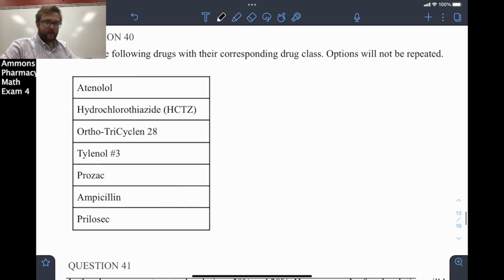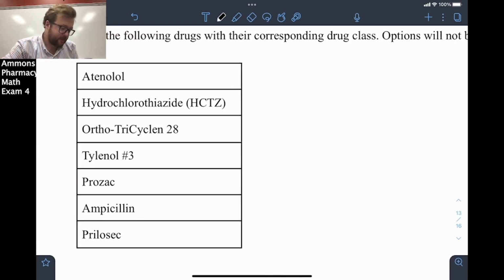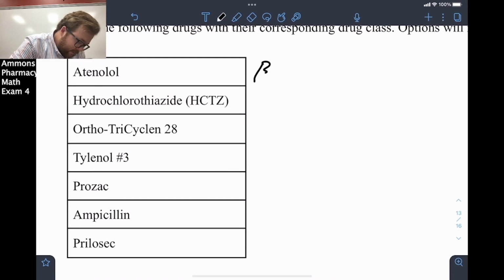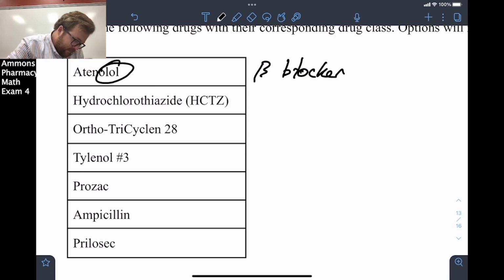Okay. Drugs and drug class. So this is where I kind of threw some stuff together, but atenolol is a beta blocker, right? Because OLOL. I'll just highlight. Thiazide, Tylenol, Prozac, ampicillin. Okay. That's a beta blocker. This one is a diuretic.